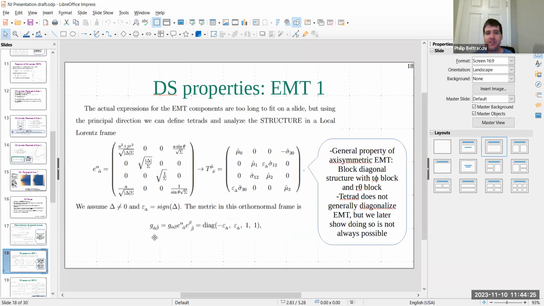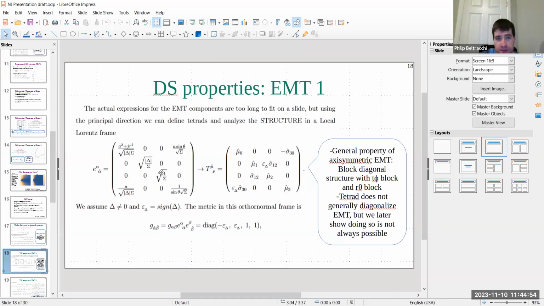The actual expressions for the energy momentum components are too long to fit on a single slide. If you really want to see them, I have them in the backup spread over a few slides, but we can use a tetrad to define a local Lorentz frame, move into the local Lorentz frame, and analyze the structure of the energy momentum tensor.